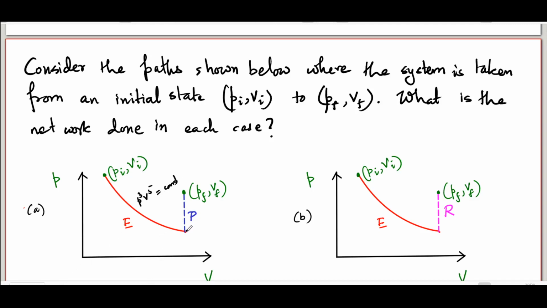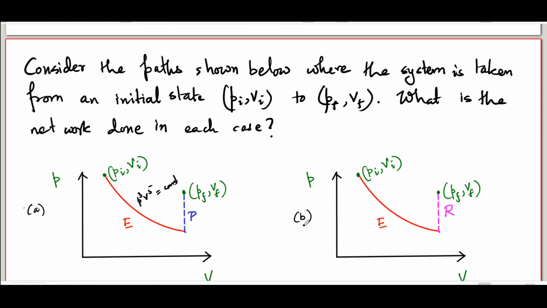This of course takes you to some final pressure when the volume reaches Vf, and then you switch on the propeller, and as the propeller churns, you end up with an increase in pressure, and finally the pressure reaches Pf. Remember that here the movable wall is clamped and therefore the volume does not increase any further. So whatever volume has been reached here has to be Vf in order for you to be able to get up to this.